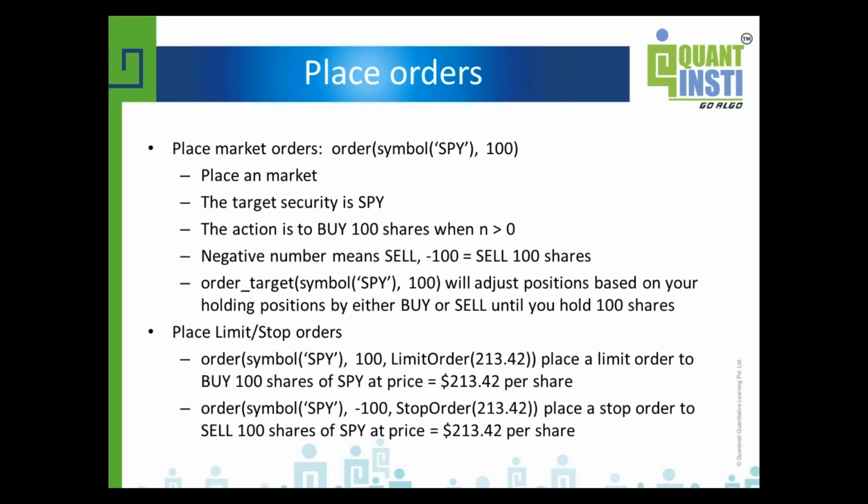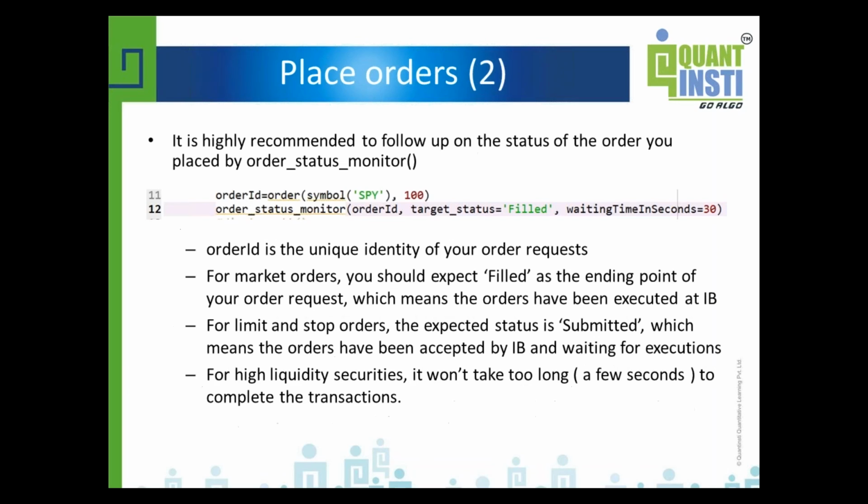So I define a function called order status monitor. It works like this. First, you place an order using order, and the return value is the order ID. And then you put this order ID into order status monitor. If you don't specify a target status, here it's like this.